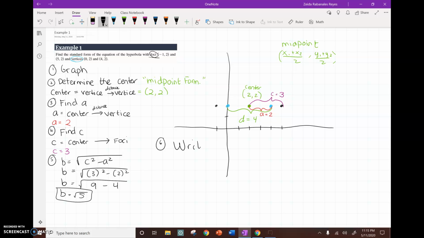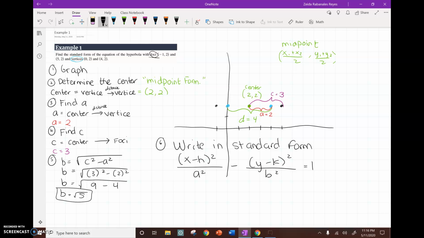So write in standard form, which is (x minus h) to the power of 2 over a squared minus (y minus k) to the power of 2 over b squared is equal to 1.